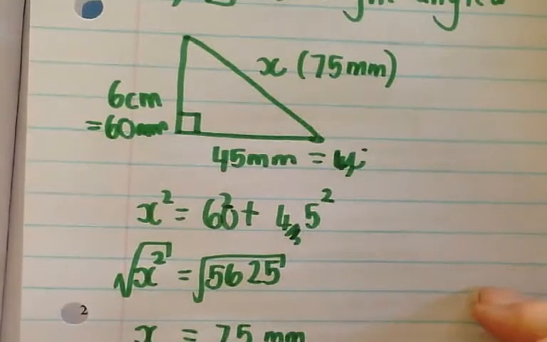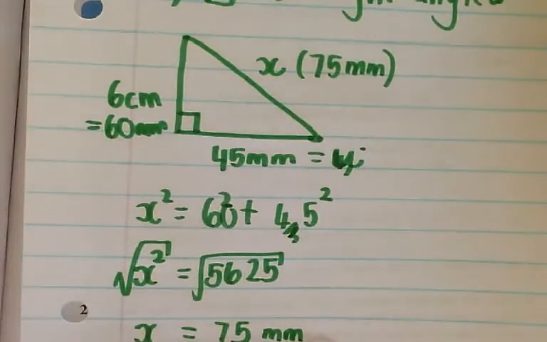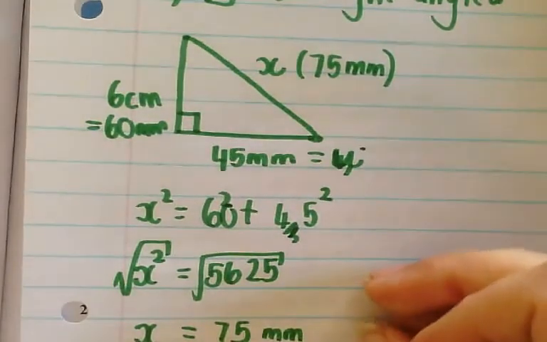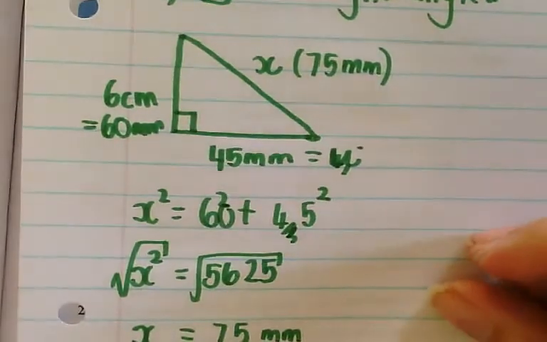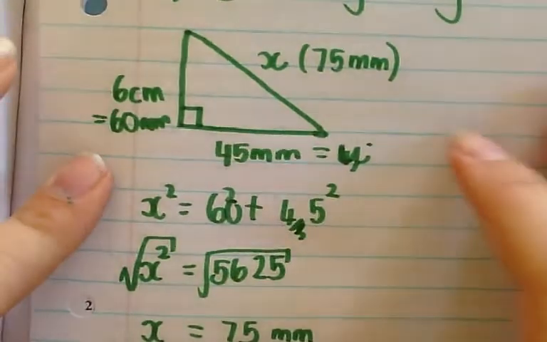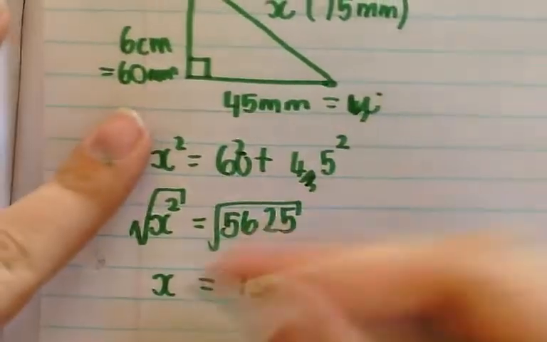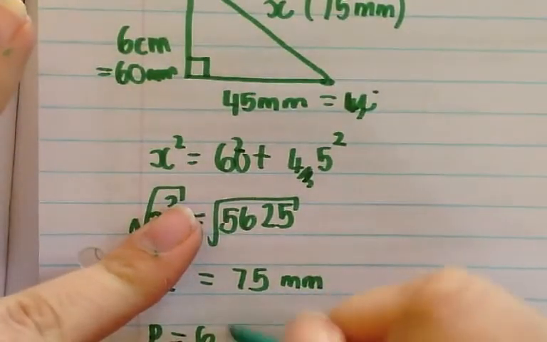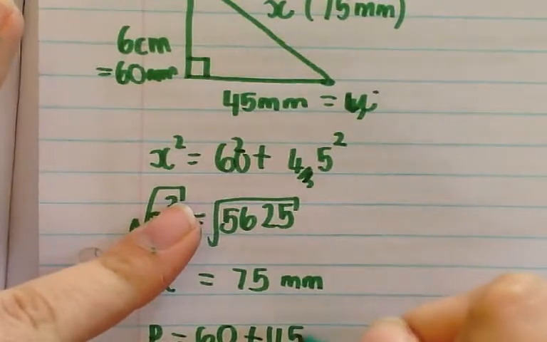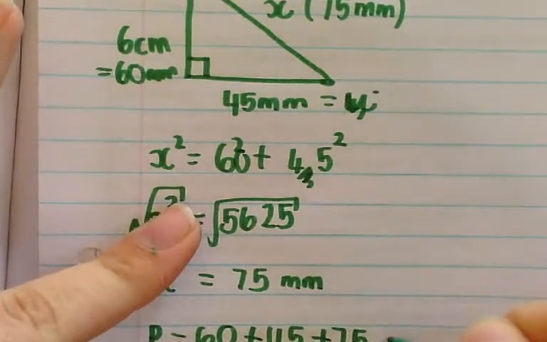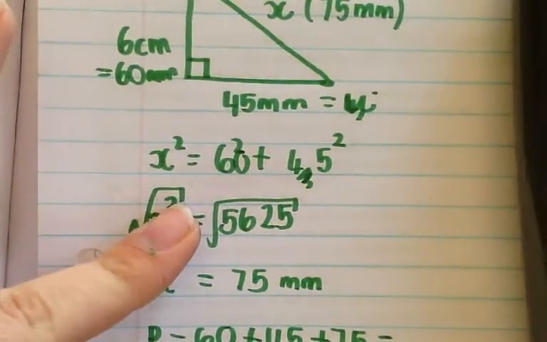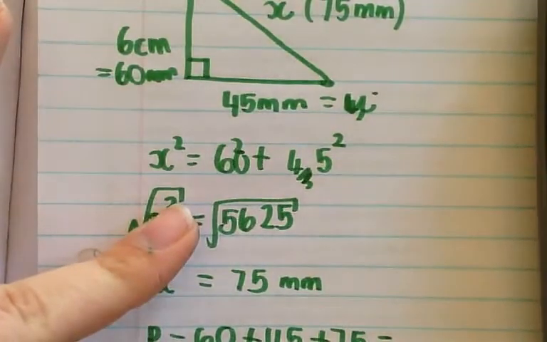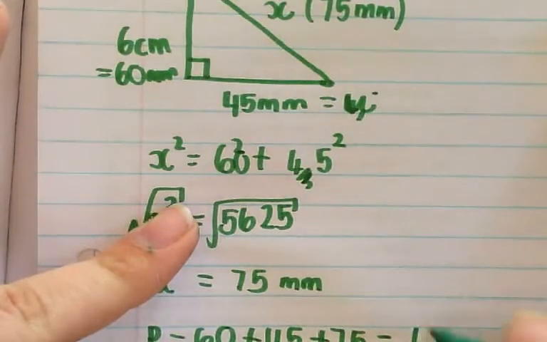Pythagoras won't come up often, probably once in the next 3 years, but it can come up. So whenever we do area and perimeter, we will practice it. Okay? So therefore, my perimeter I can now calculate as saying 60 plus 45 plus 75 equals 180. What's my units? Millimeters.